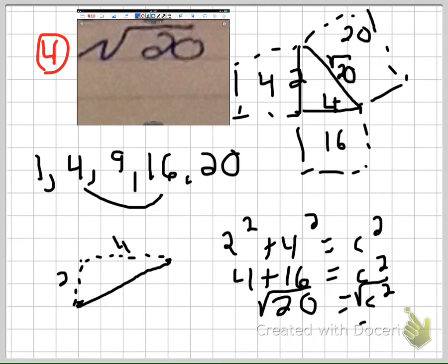Square root this equals square root of 20. Now I want you to study that and make sure that you can do those on your own when you're actually having to find the length. And you don't need to draw this picture. You just need to understand the picture and how I know that if the length I'm using is square root 20, then the area of the square off there is 20, and so I'm looking for perfect squares that add up to 20.